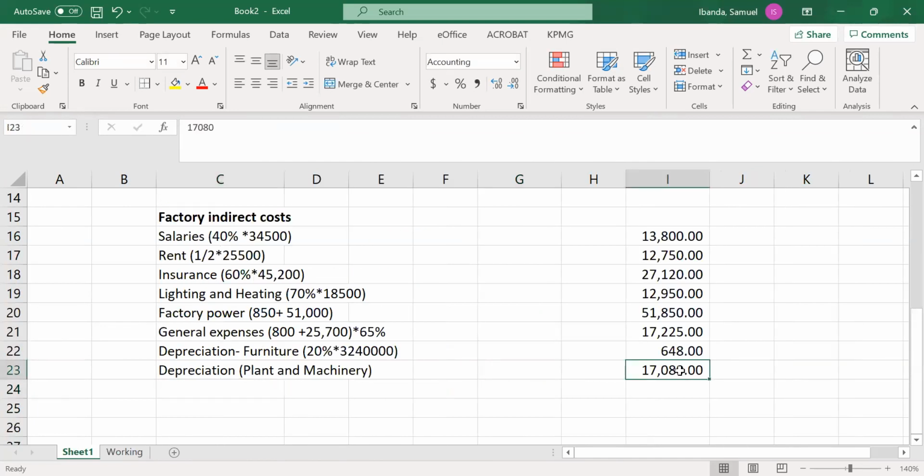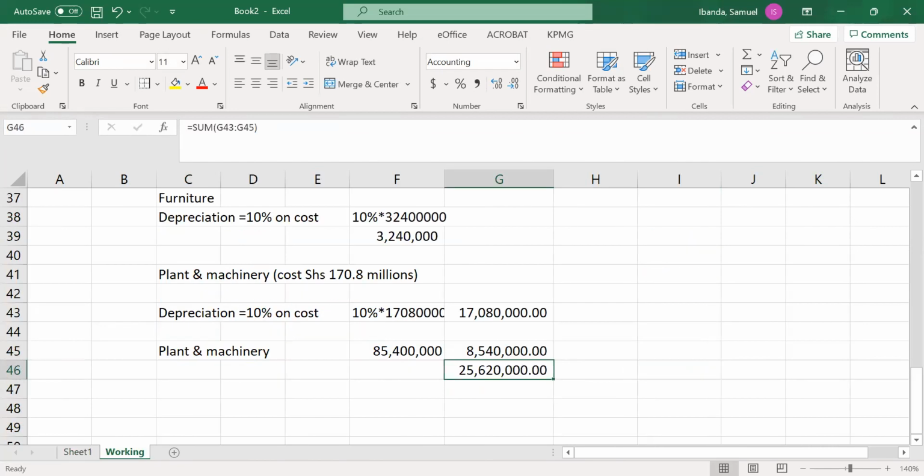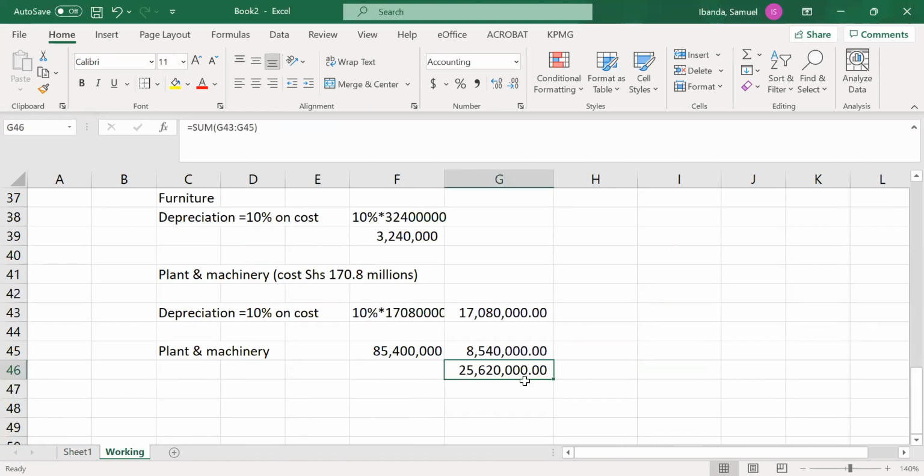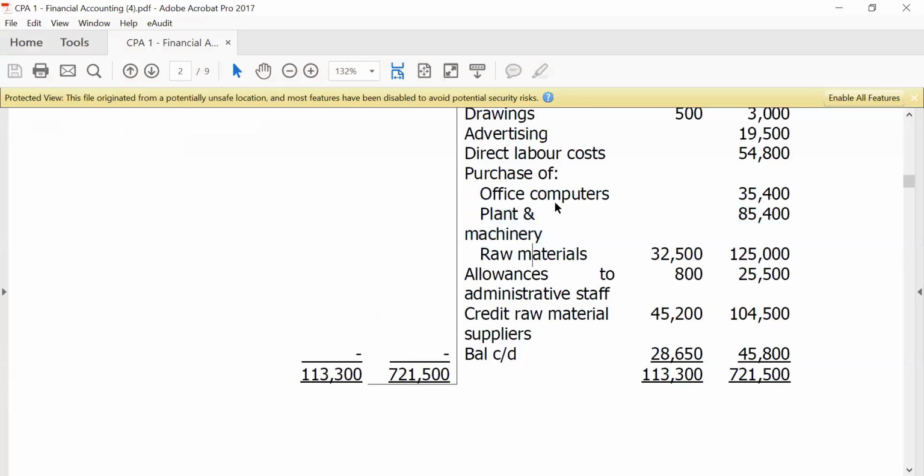So that is what I'm going to have as my depreciation for plant and machinery. I've just added the one that was bought. We are going to do the same thing when we get to office computers, but that will be when we are doing the profit and loss.